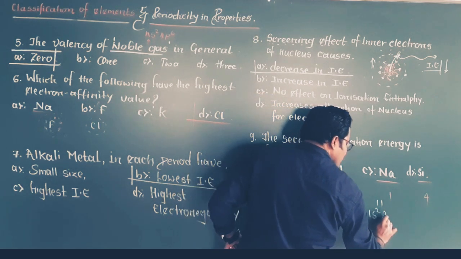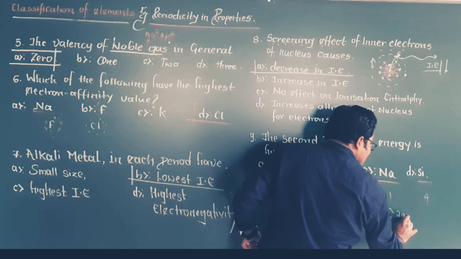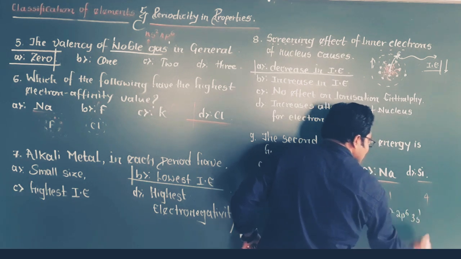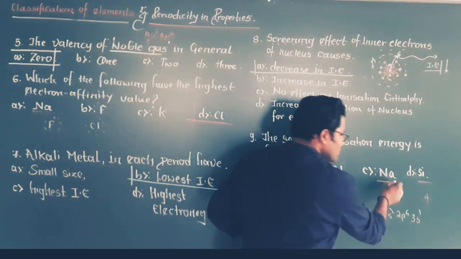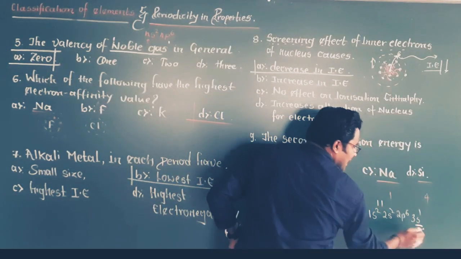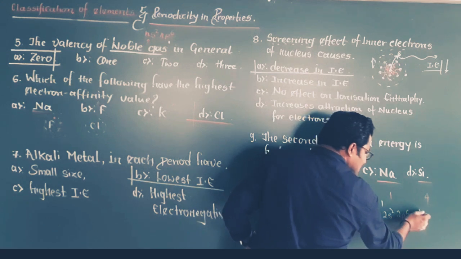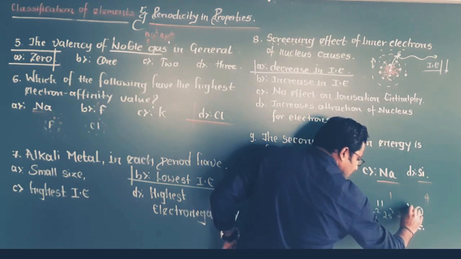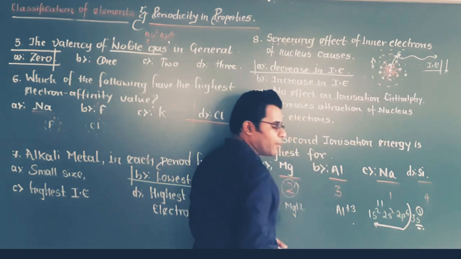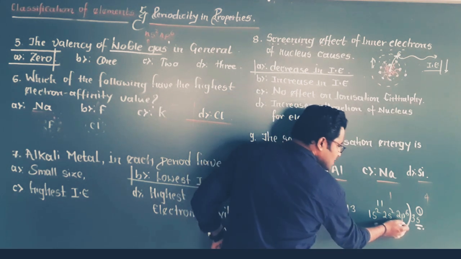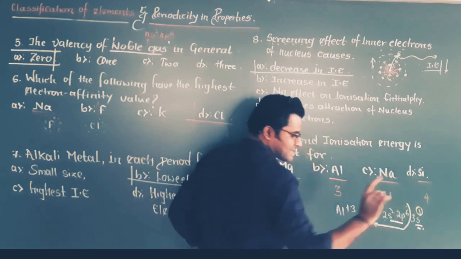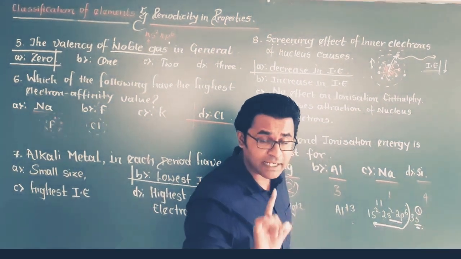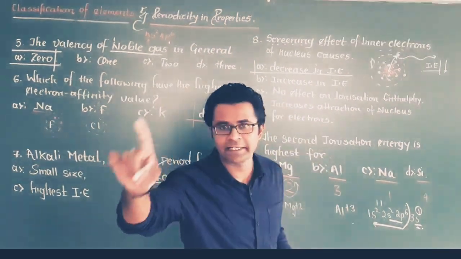So 1s2, 2s2, 2p6, 3s1. This is the condition, right? Sodium can lose this 1 electron. As it loses this 1 electron, ns2 np6 condition is formed. That means the outermost orbit is now completely filled.